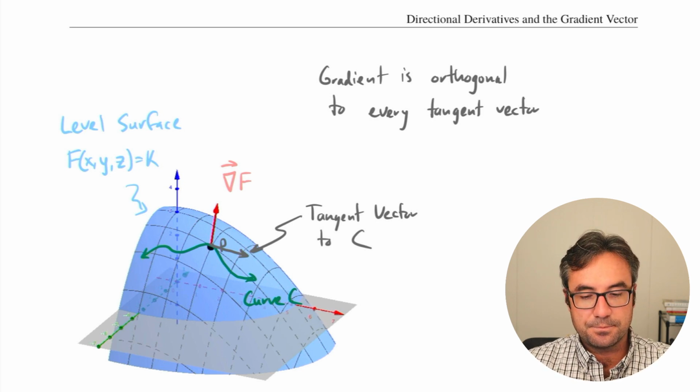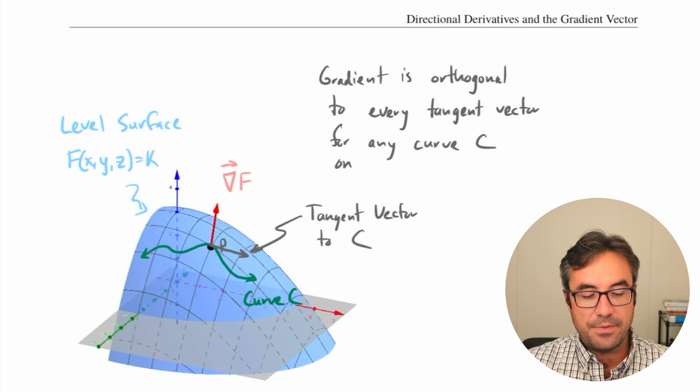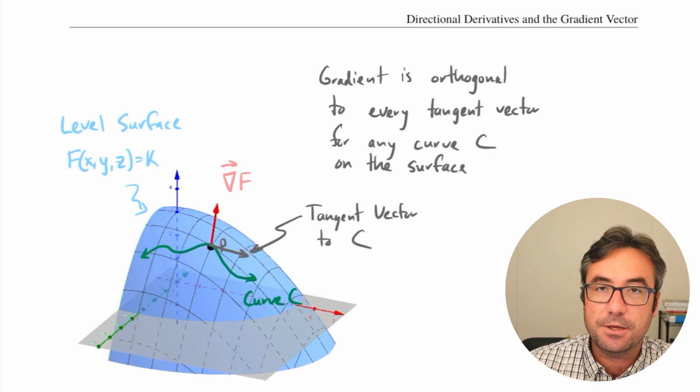Any curve that you want that's on the surface, the tangent vector at that point is going to be perpendicular to the gradient.